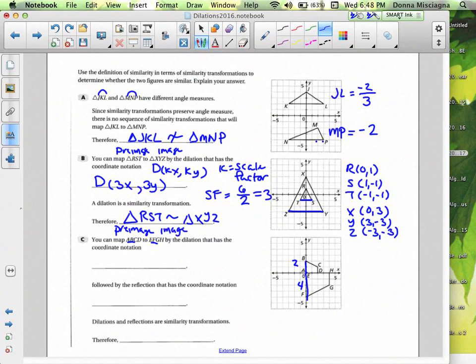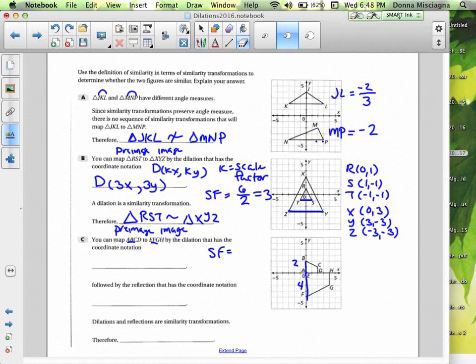So to find the scale factor, we'll take the pre-image, which is 2, because we're using AB, over the image, which is EF, which is 4, and, oh, excuse me.